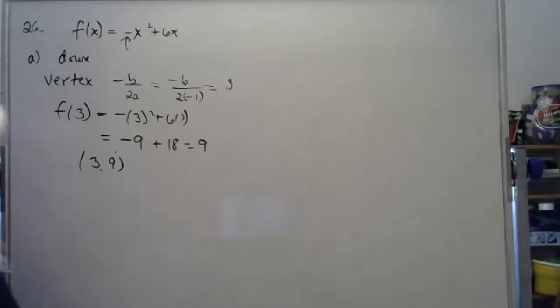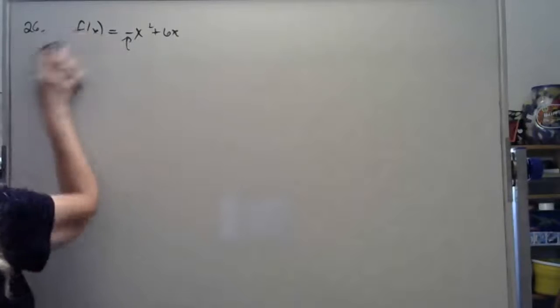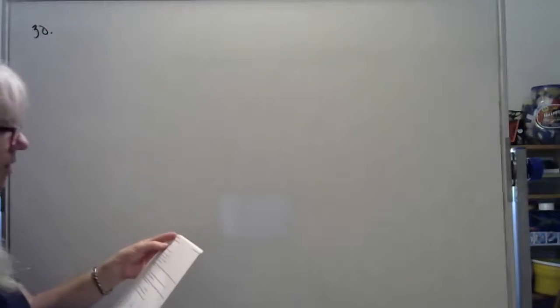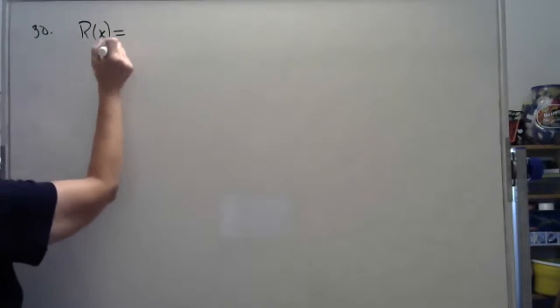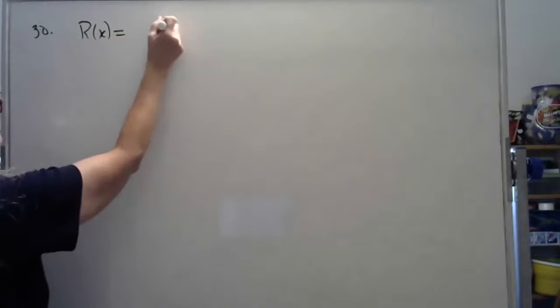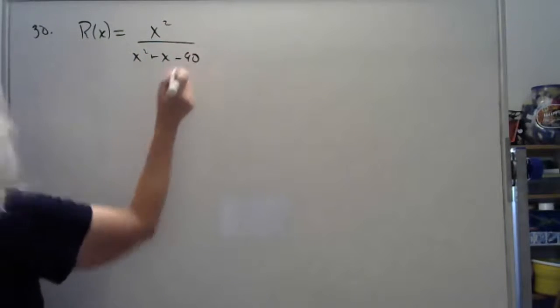Okay, I'm going to skip to number 30. Number 30 says, analyze the graph of r of x is equal to x squared all over x squared plus x minus 90.